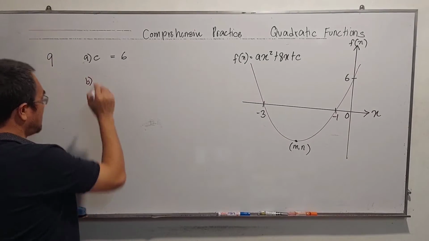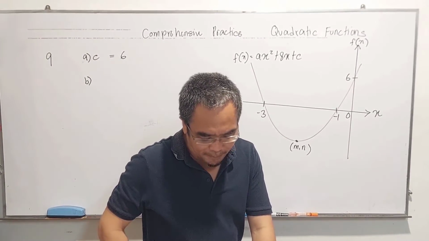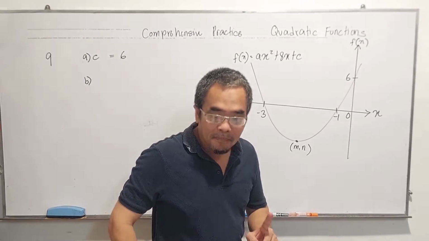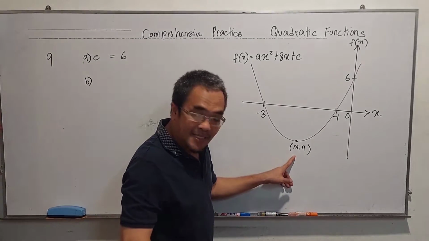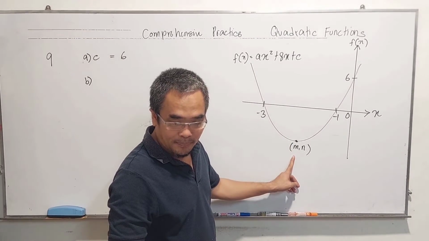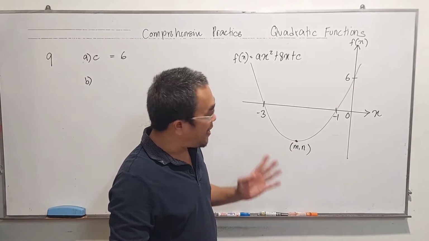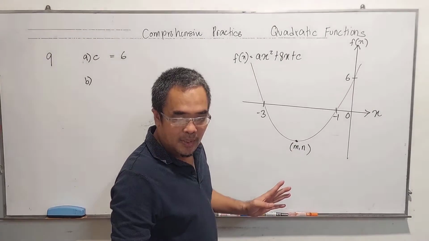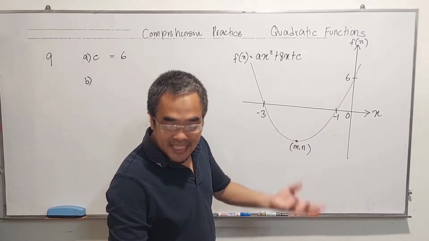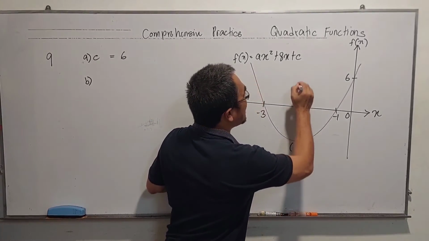So for B, what's the question? Value of m. M is what? M is the value of x for the minimum point. M is also the value of the axis of symmetry for this graph.